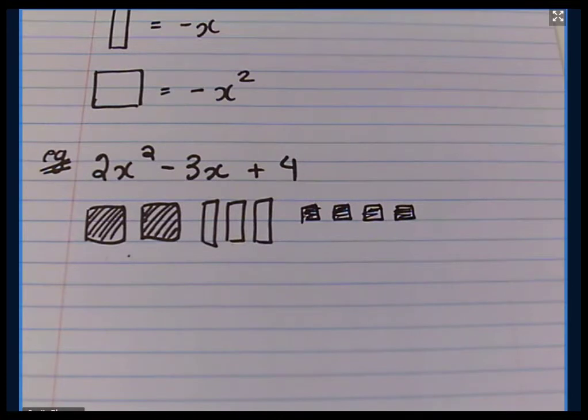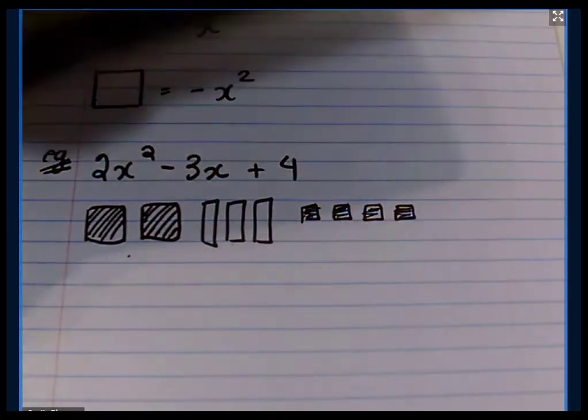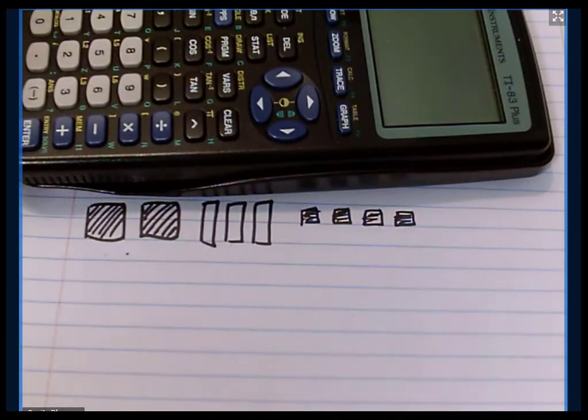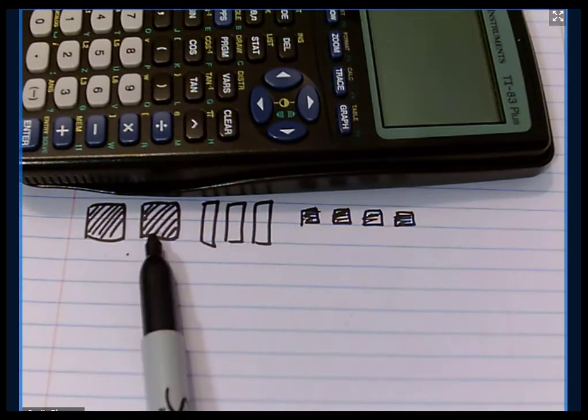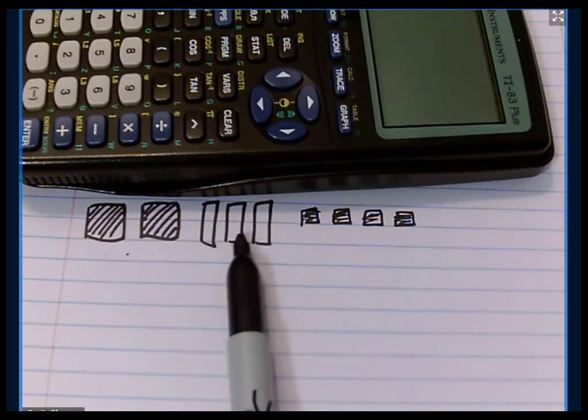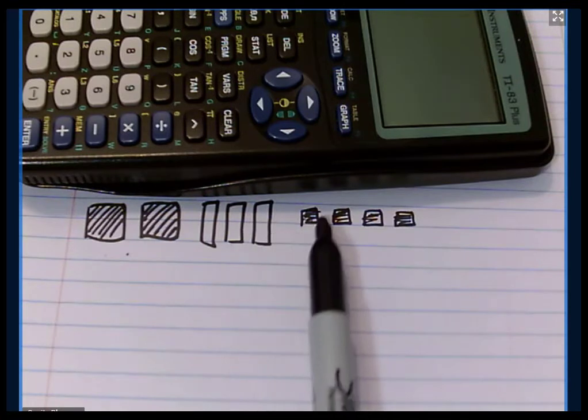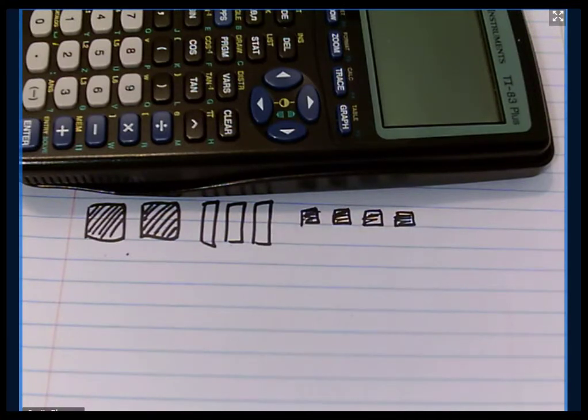All right, so now if I just hide the expression, and you just looked at the algebra tiles, you would know that there are 2 positive x squared tiles, 3 negative x tiles, and 4 positive 1 tiles.